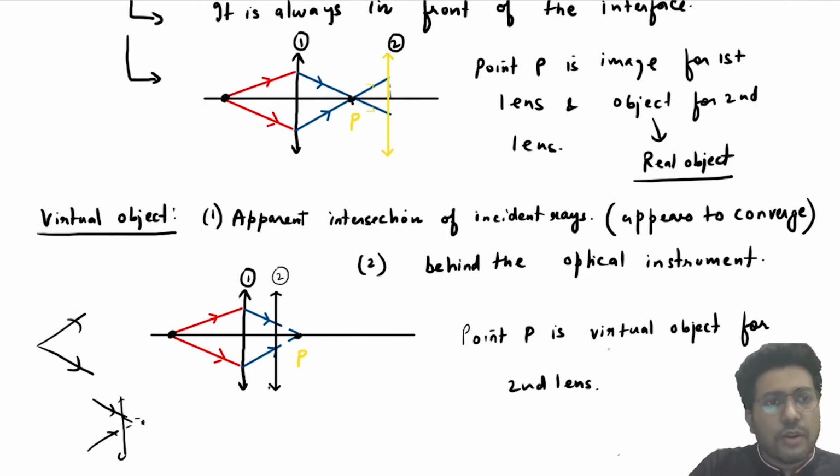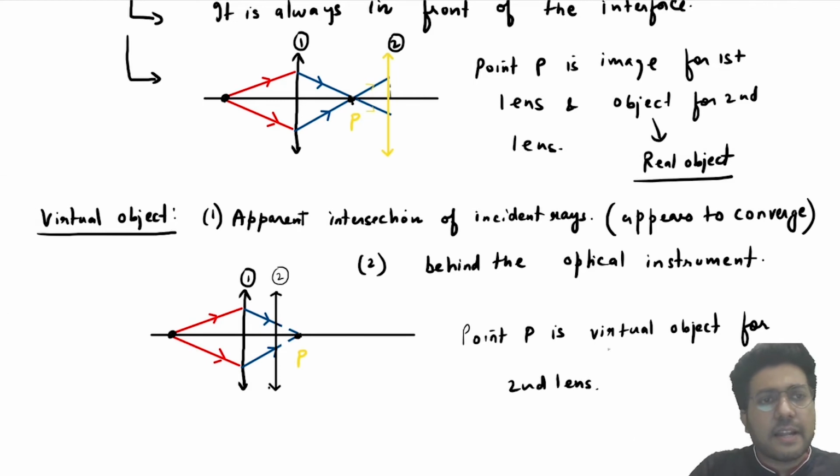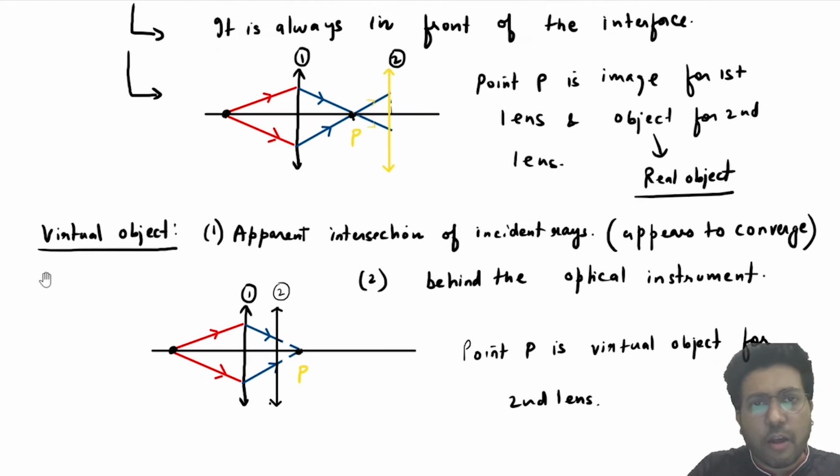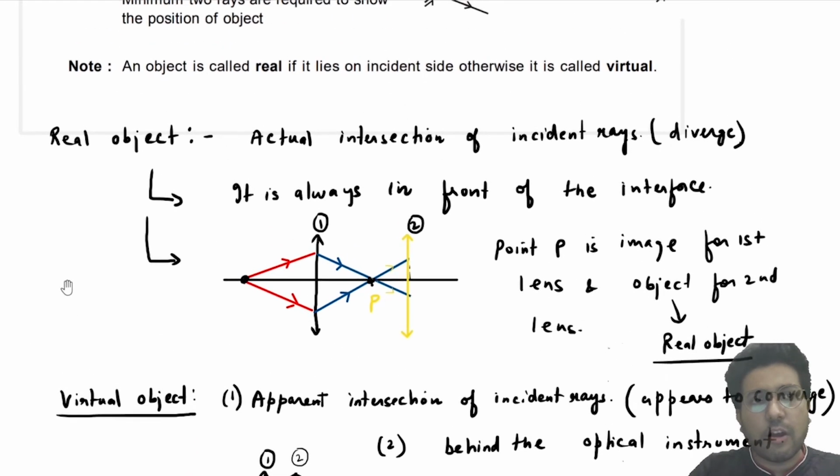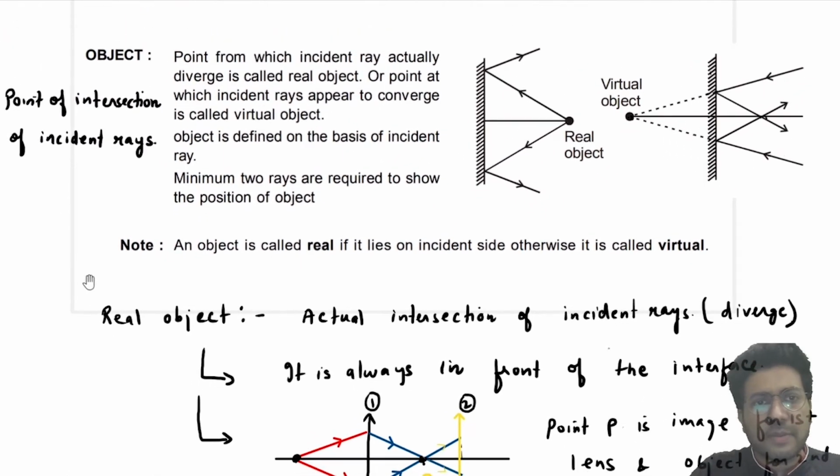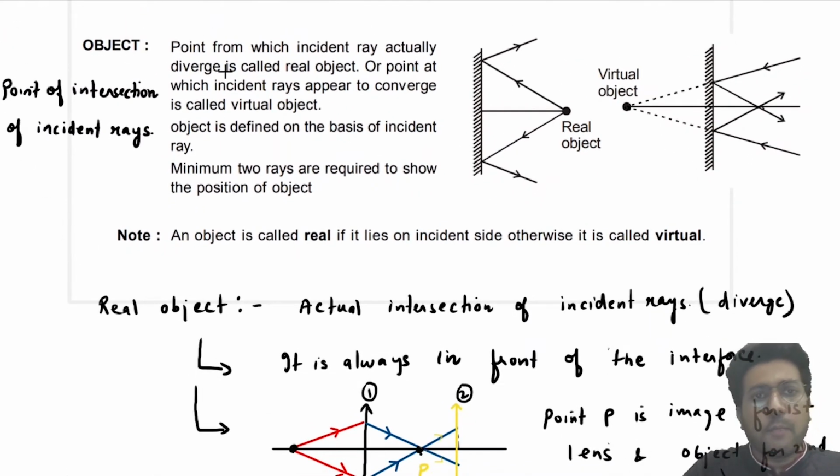Okay, so you have to be very clear about the definition of real object and virtual object. I'll read it from here also. See, the point from which incident rays actually diverge is called a real object, or the point at which rays appear to converge is called a virtual object. Object is defined on the basis of incident ray.